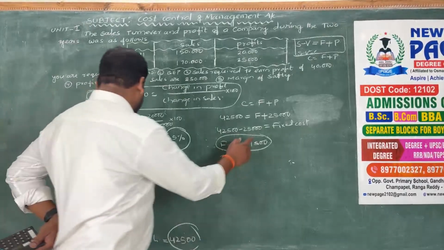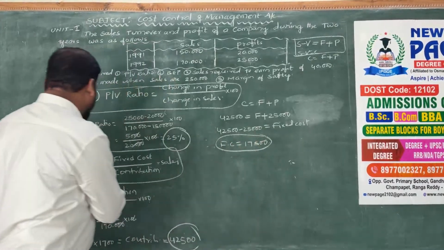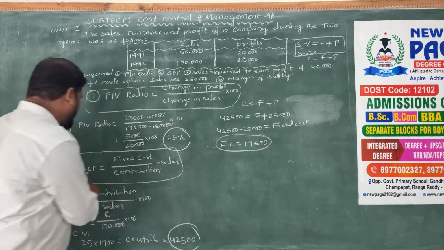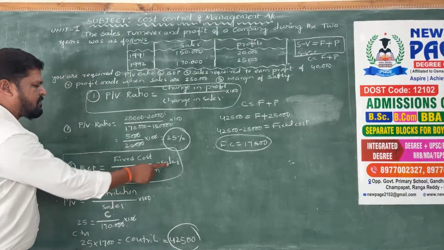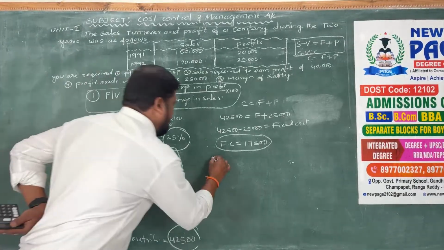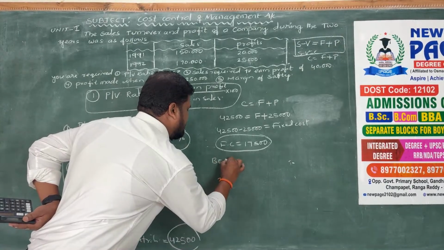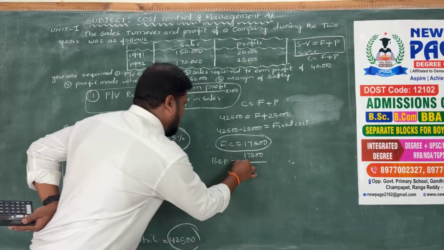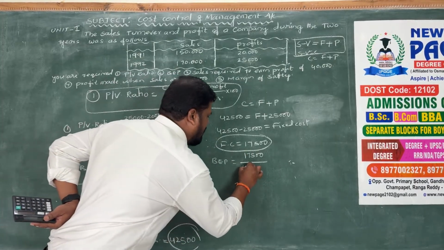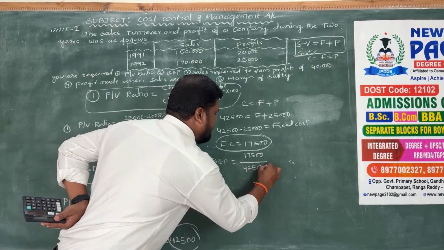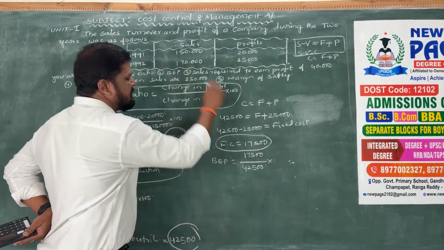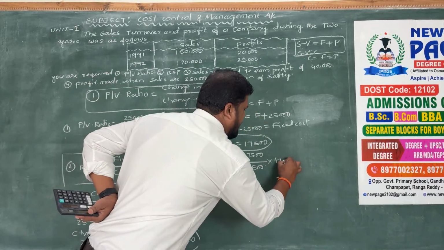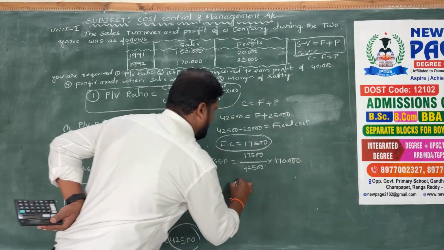So these values substitute in the BEP formula. BEP is equal to fixed cost by contribution into sales. So here BEP is equal to fixed cost 17,500 divided by contribution 42,500 into sales, the current year sales, 1,70,000.